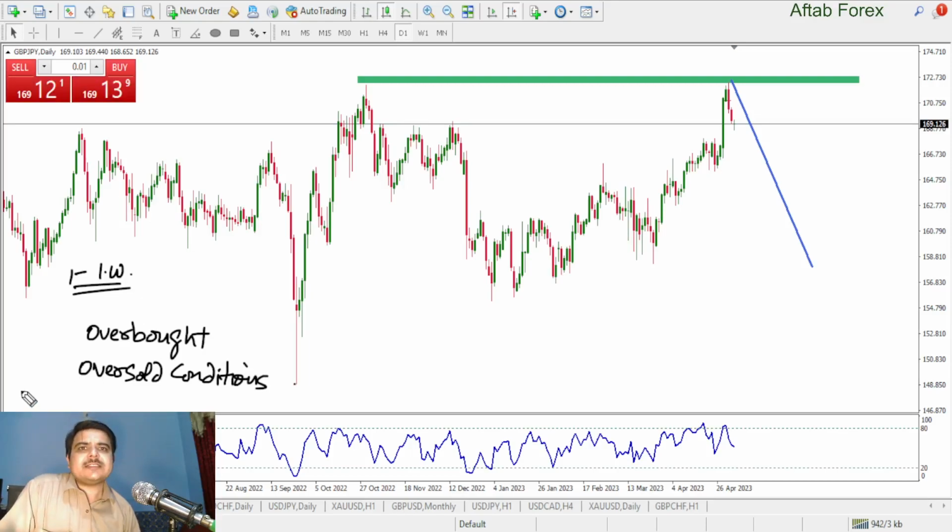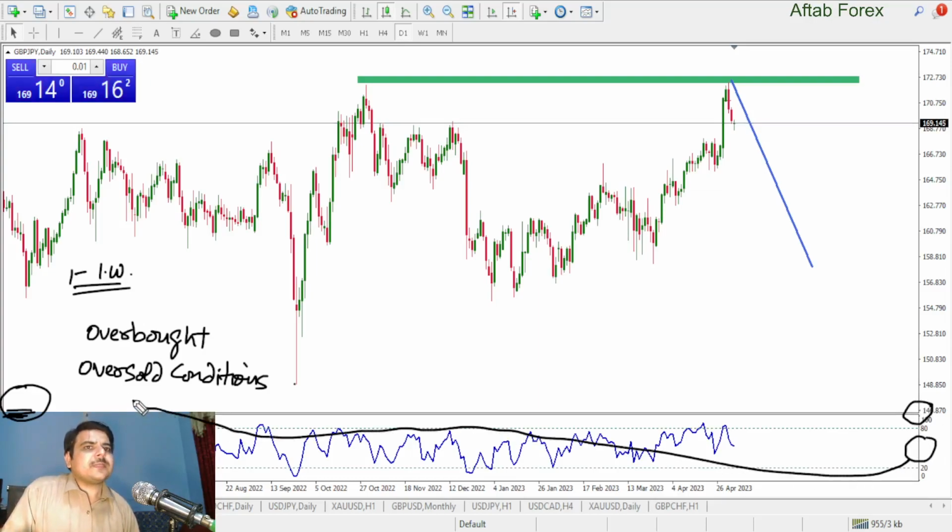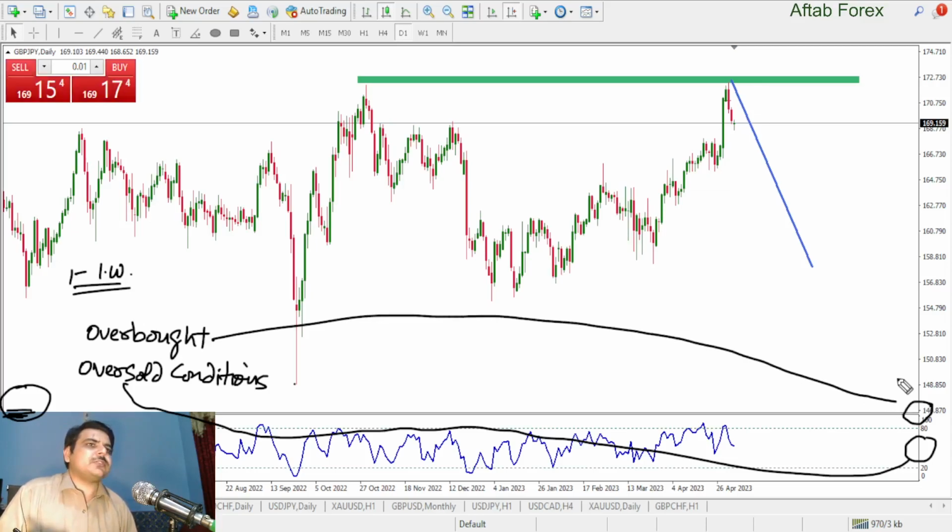I use period 5 with the level 80 here you can see as overbought and level 20 as oversold. Here you can see this is oversold and this is overbought.